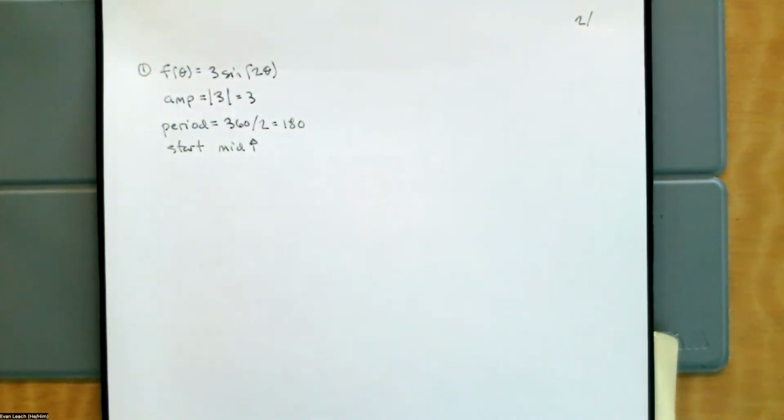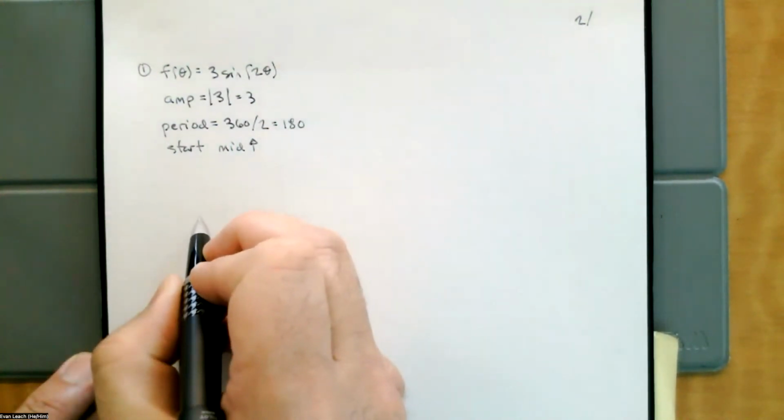Now we're going to do what will look like cheating, because I want to draw a sine and I want to start at the middle, go up, then down, then up again. I want the amplitude to be 3, and I want the period to be 180. So I'm going to practice drawing a nice sine. So here's going to be my 0.